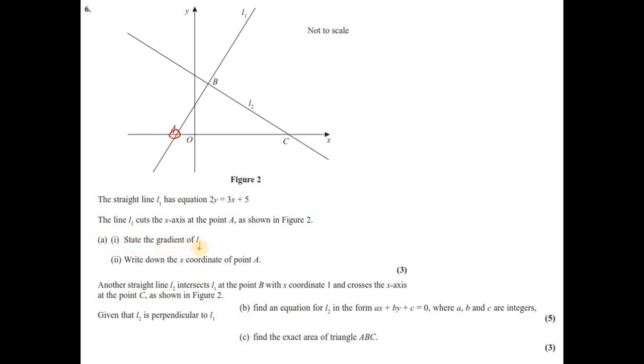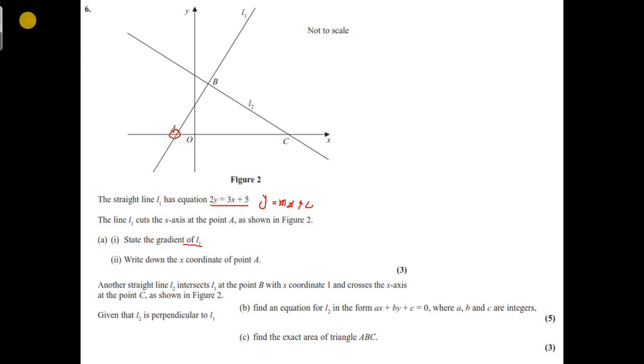State the gradient of L1. We need to find the gradient. That means if you compare this equation with y equals mx plus c, you first need to rewrite this equation as y equals mx plus c.